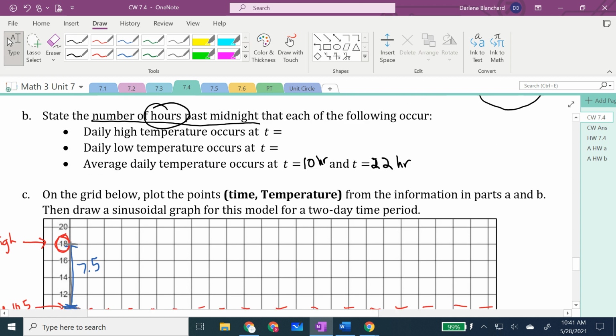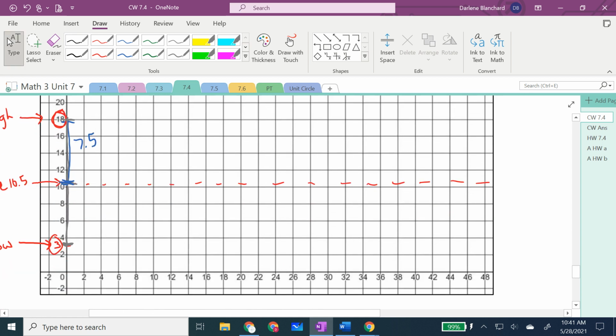I'm going to come over to the graph. 10 and 22 are times when my graph is at the midline. So I'm going to plot those points. Then I need to keep reading because I still need to figure out what are the times when I'm at my high temperature versus my low temperature. But what's really nice is by just knowing these two, what is the time that is halfway between 10 and 22?